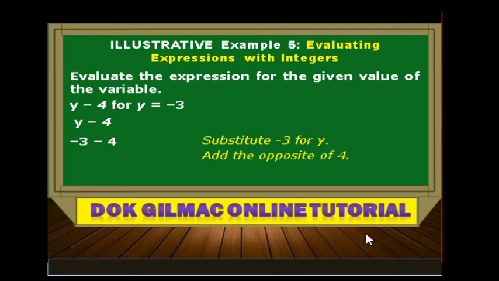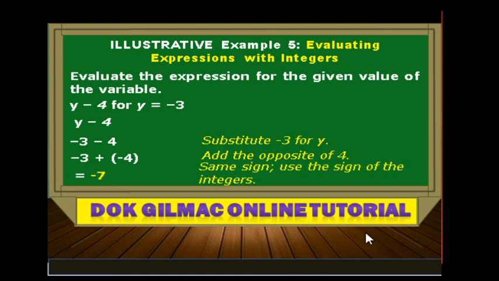Add the opposite of 4. So negative 3 plus negative 4. So we have negative 7. Same sign, use the sign of the integers. Both are negative. So 3 plus 4 is 7. Just affix the negative sign. So we have negative 7.